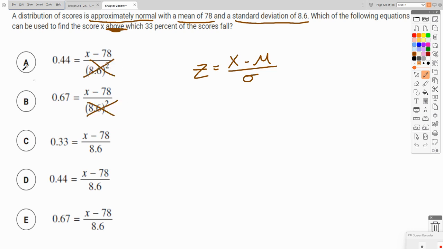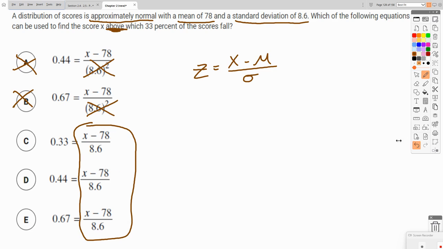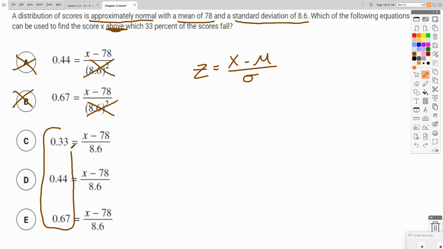So I know it's not A and it's not B, but C, D, and E are all x minus mu over sigma. Now I have to decide which one is the correct z. One of the two most common incorrect answers is E, because people go, 33% fall above it, so 67% fall below it.